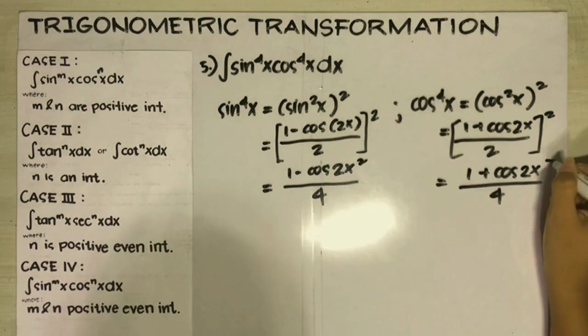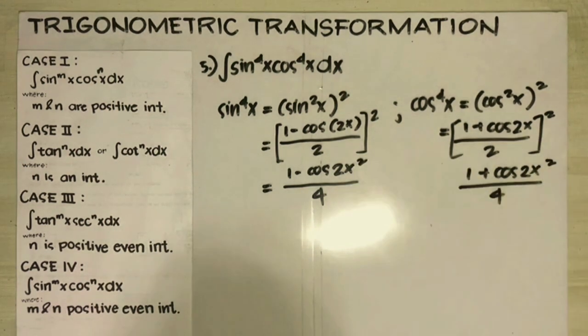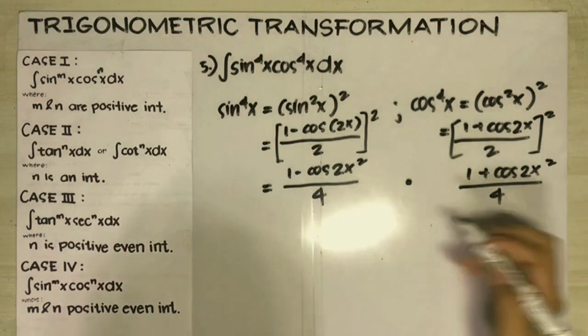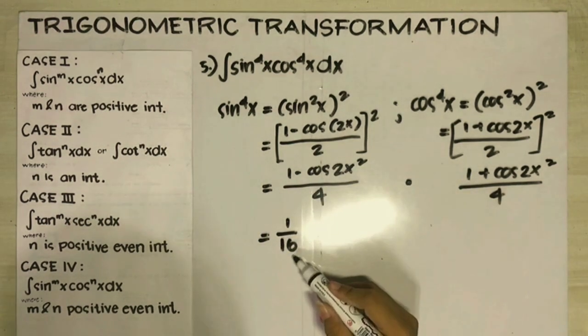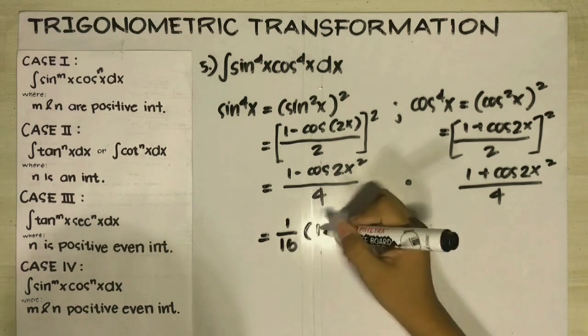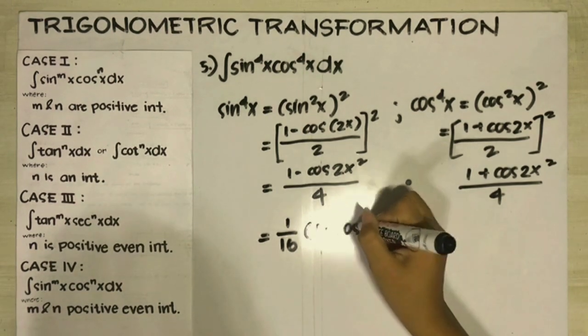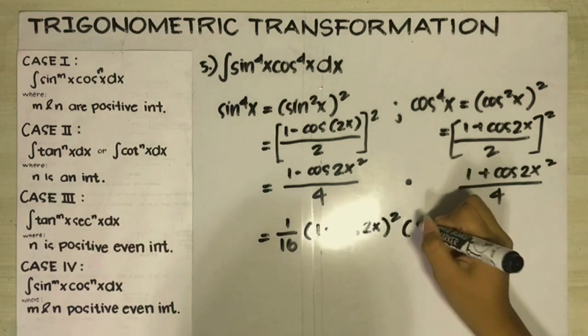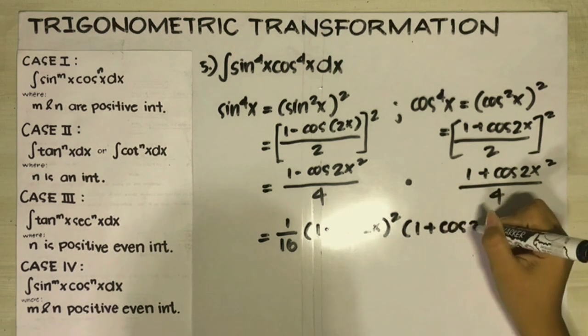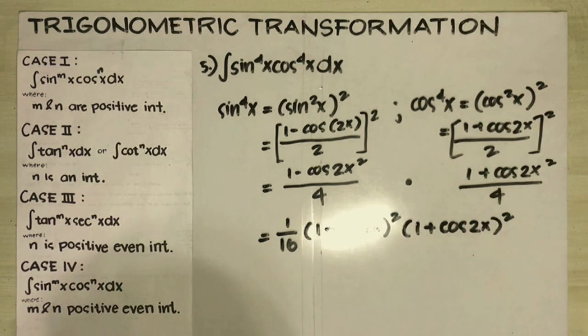And now, let's multiply these two. So this is equal to 1 all over 16 times 1 minus cosine 2x, squared, times 1 plus cosine 2x, squared.